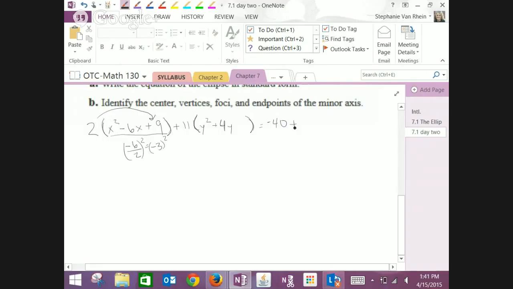So I need to add 18 to the other side. By adding in 9, that makes this a perfect square as x minus 3 quantity squared. Do you guys see? This minus 3 is where this minus 3 comes from.